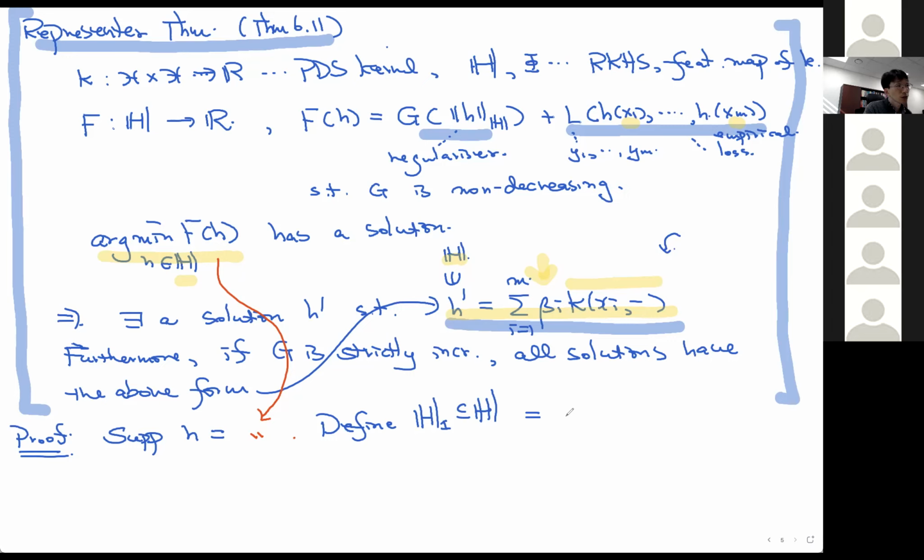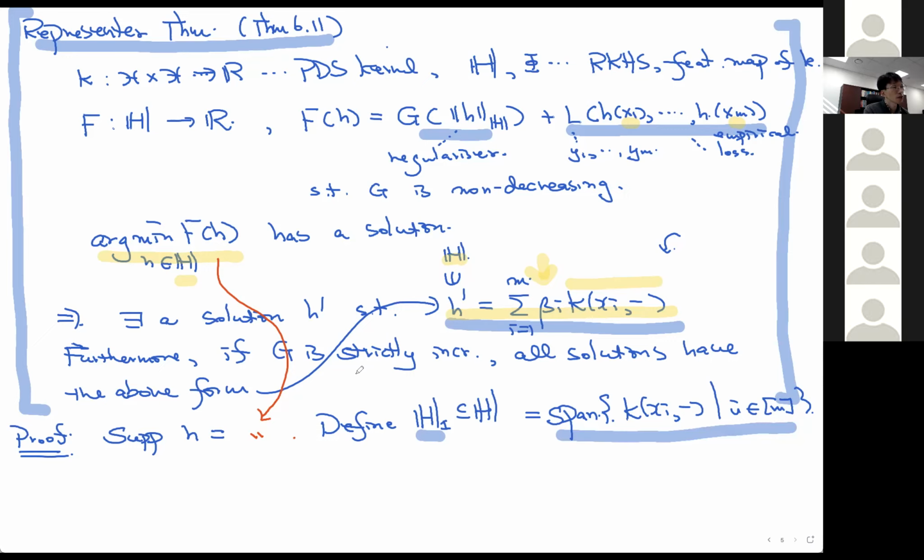Formally, it's the span of all the linear combinations of the functions k(xi, ·), i from 1 to m. So anything that's obtained by embedding examples in the sample, any linear combination, is going to be our space H1. So that's also the inner product subspace of H.